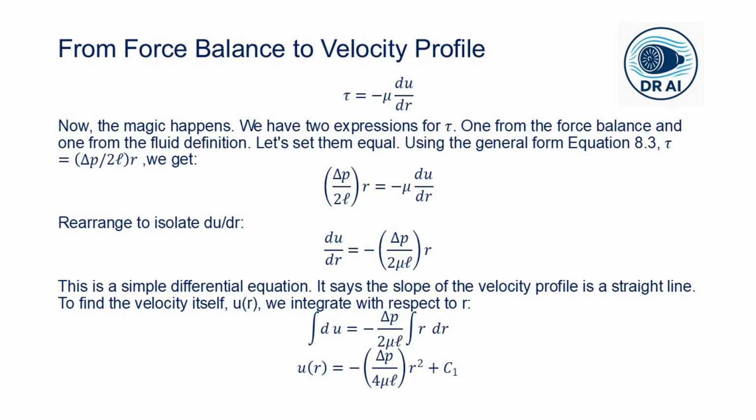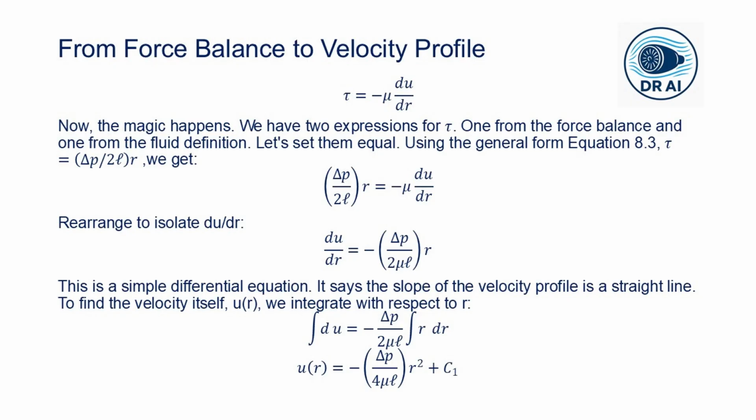To find the velocity itself, u is a function of the radius, so we integrate with respect to the radius r. The integral of du must be equal to minus delta p over 2 mu L, integrated over the radius dr. So it gives us an integration constant C1.